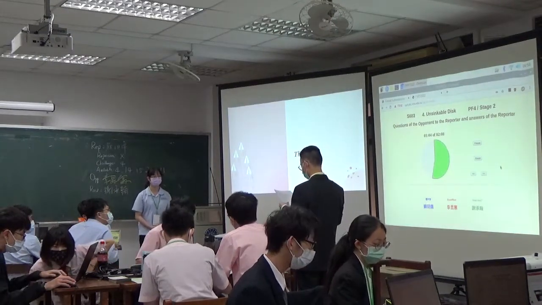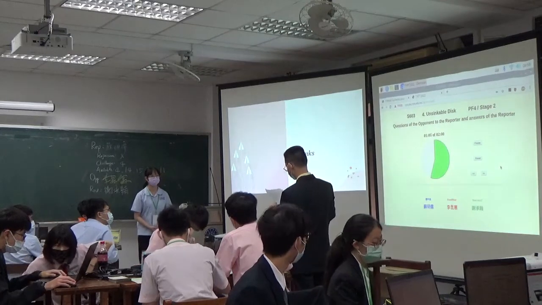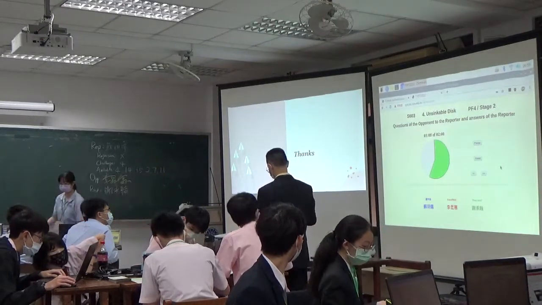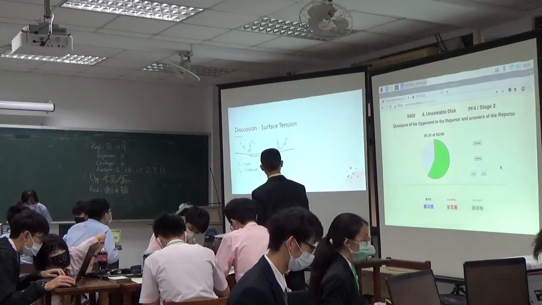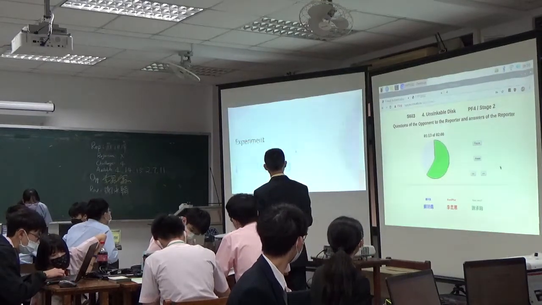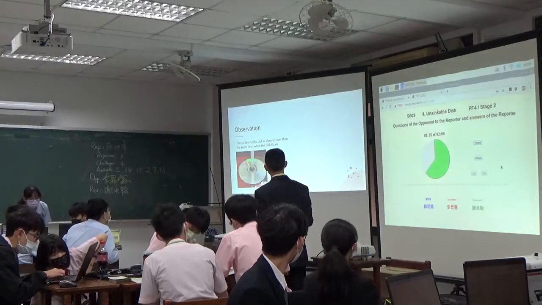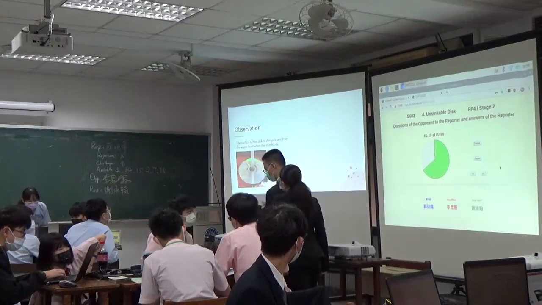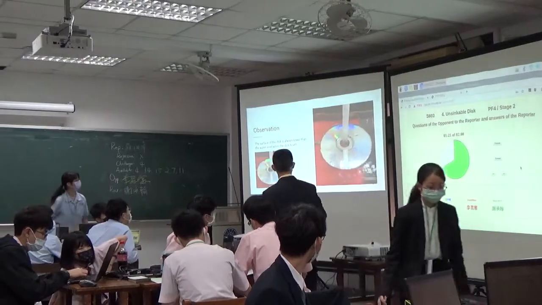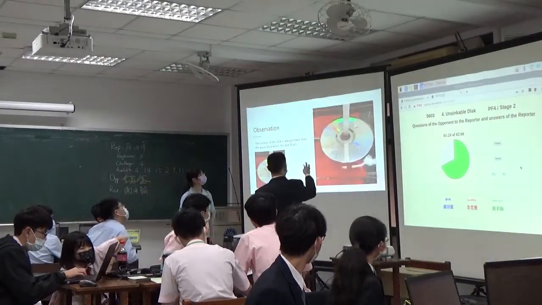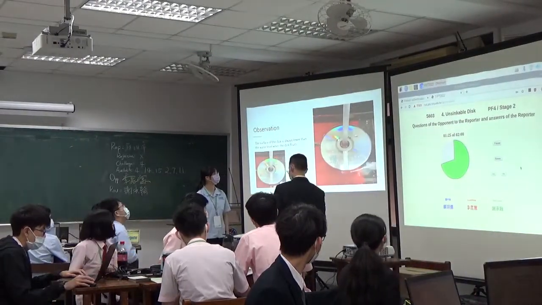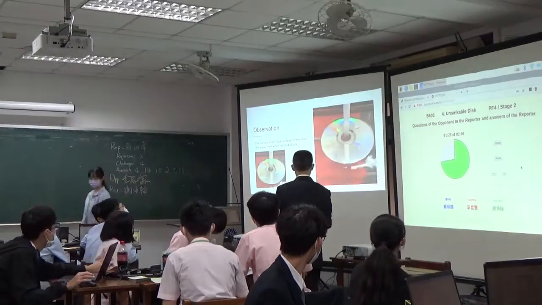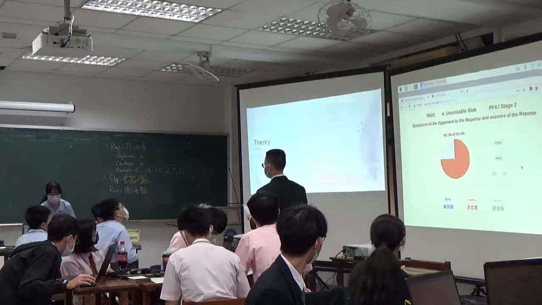Okay. Please turn to the observation video page. So there's no water on the CD, right? Yes. Okay. And what do you think is the function of the hole on the disk?